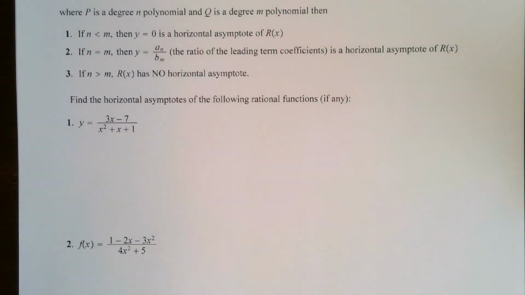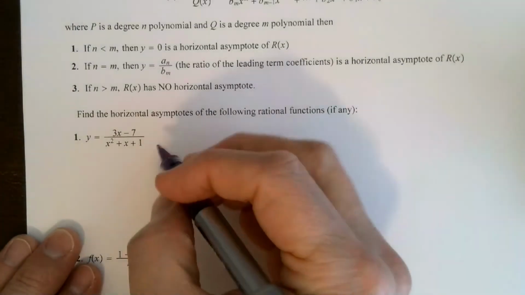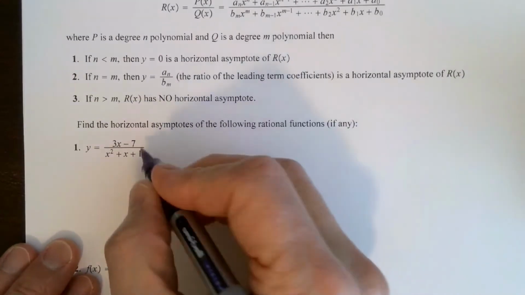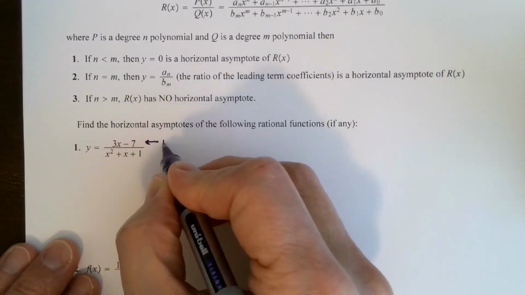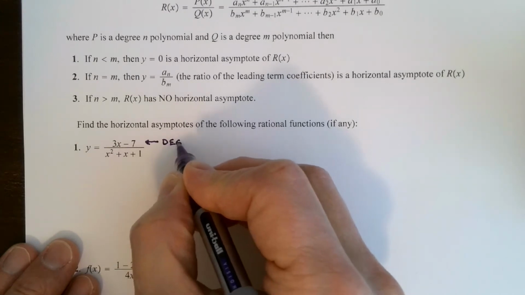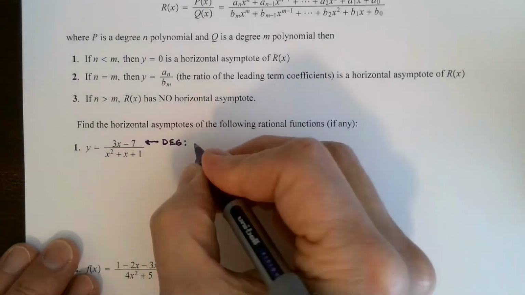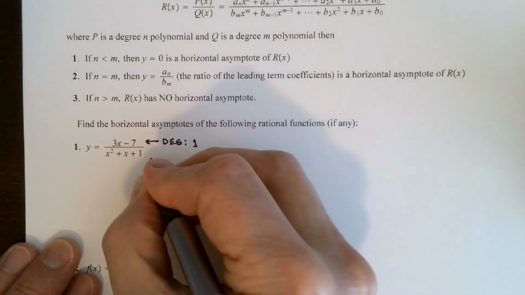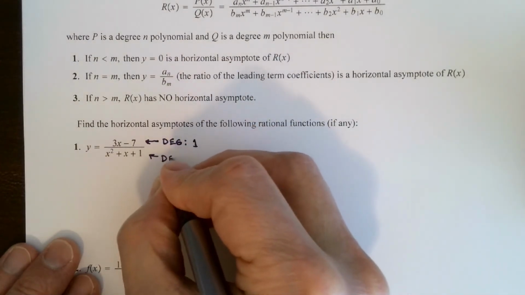Find the horizontal asymptote for the following rational functions, if any. So again, I look at this, and we're going to look at the degrees, right? Based on this analysis up here, what's the degree of the top here? Degree of the top is 1. What's the degree of the bottom?